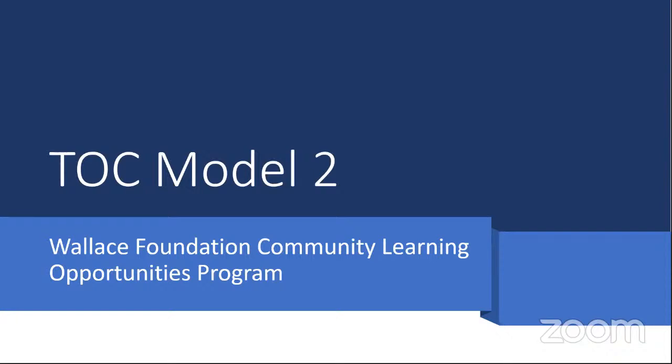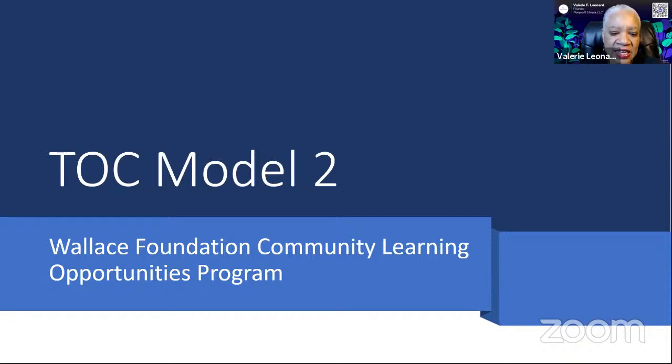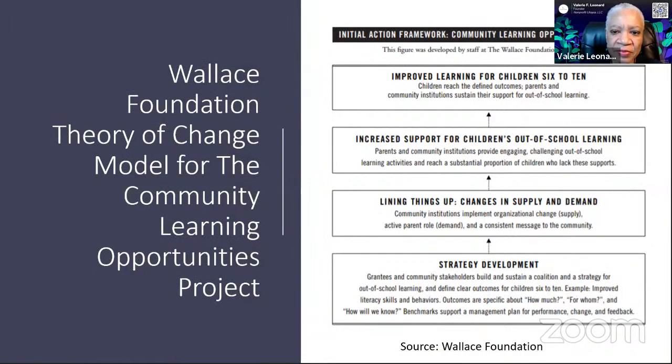All right. So our second model is from the Wallace Foundation. This is from their Community Learning Opportunities Program, and this is something they developed probably around 2012 or something like that. They wanted to encourage groups of community organizations to focus on improving education in their local communities and be able to scale those processes.